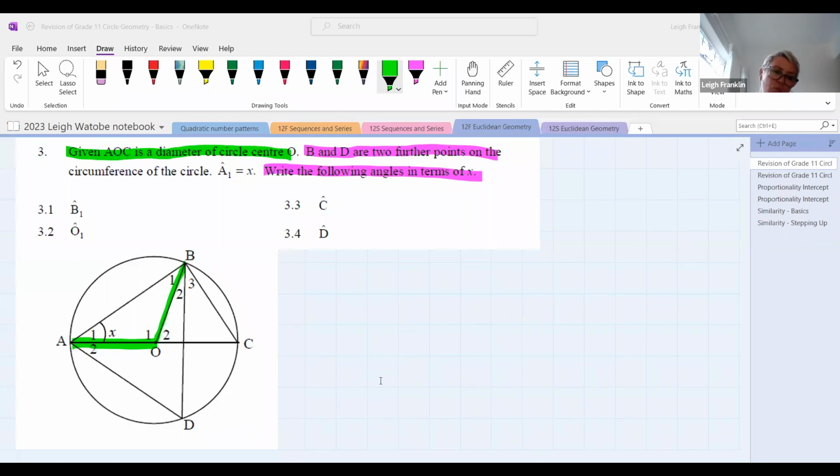I just don't understand how to choose which ones are equal. In other words, you've got to be able to see the bow tie. The only bow tie that exists here, this line from O to B, doesn't form part of our bow tie.